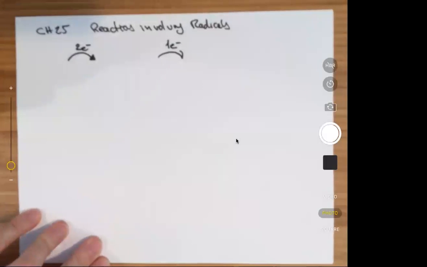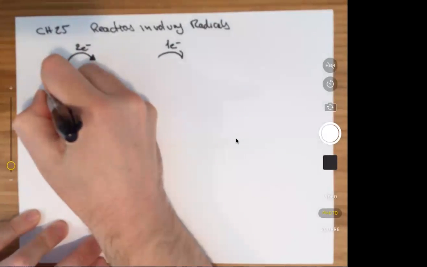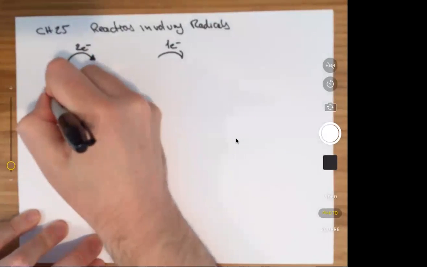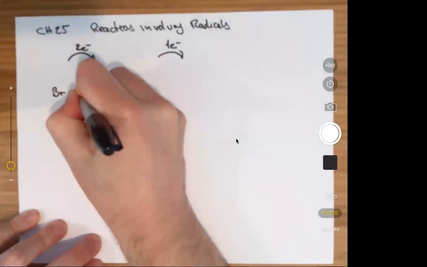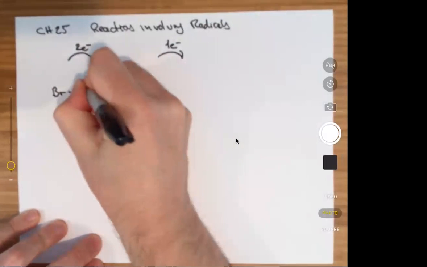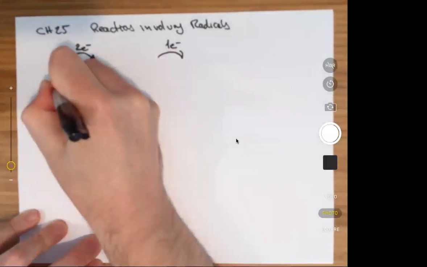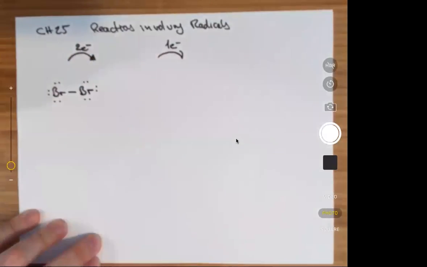Now, a classical example: these radical reactions most of the time involve some form of free radical species. A simple example of how to generate a radical is the homolysis of the bromine-bromine bond. If you have a bromine molecule, let's draw in all the electrons for once.